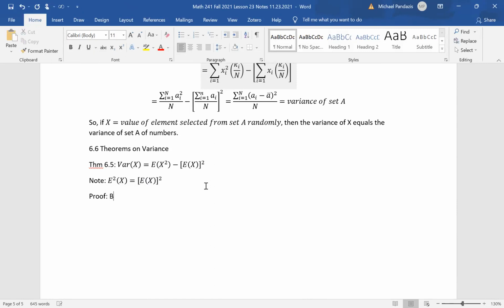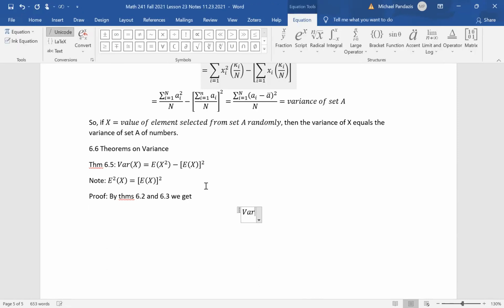Okay, so the proof. By theorems 6.2 and 6.3, we get that the variance of X is equal to the expected value of X minus mu squared, which is equal to E of X squared minus 2 mu X plus mu squared.